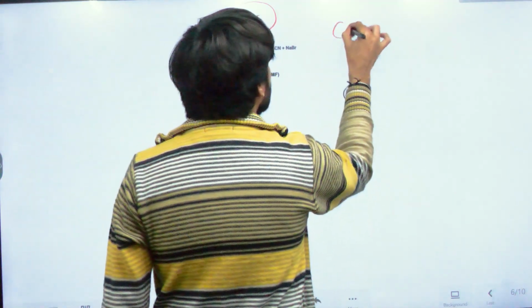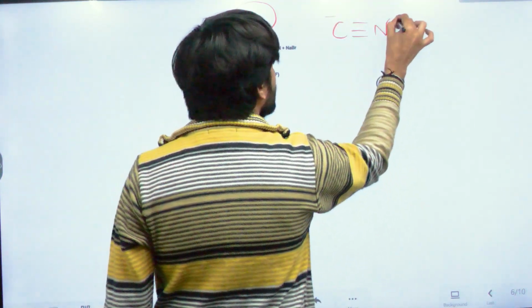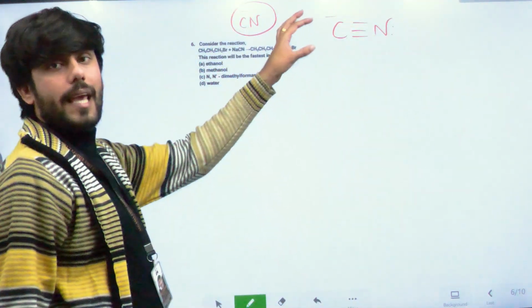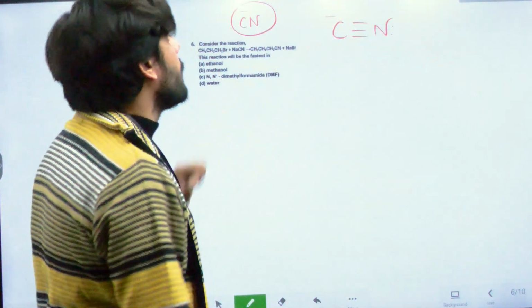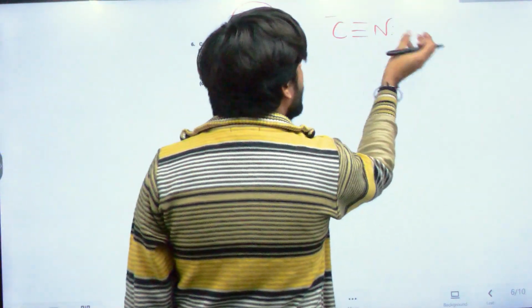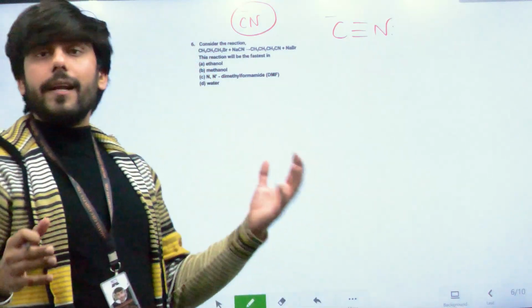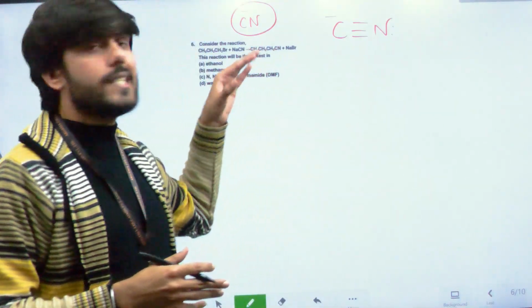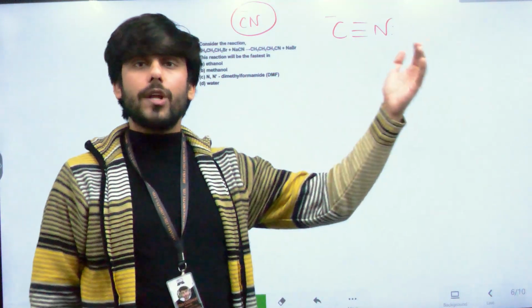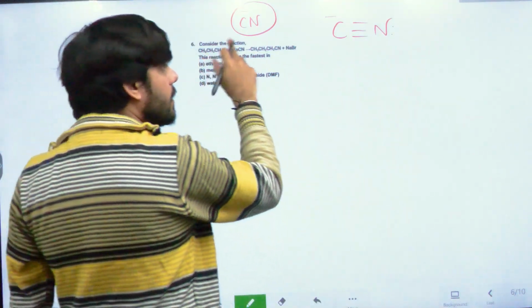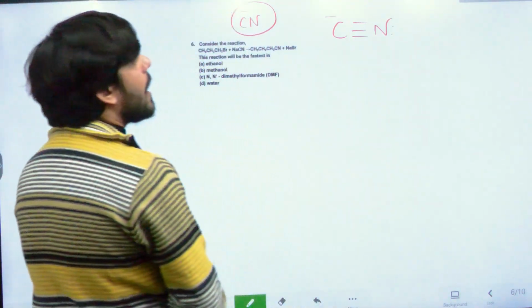Why? Because I have this carbon end, and I have this nitrogen end to behave as the nucleophilic site. Between carbon and nitrogen, carbon is a better nucleophile for obvious reasons, because it is less electronegative and hence more donation is possible. So the attachment is from the carbon center.